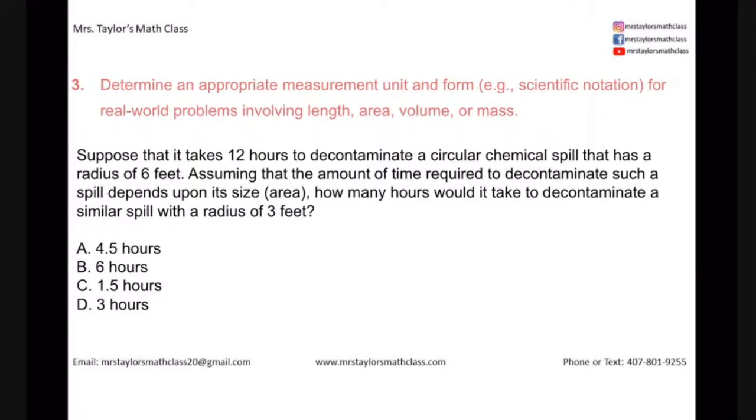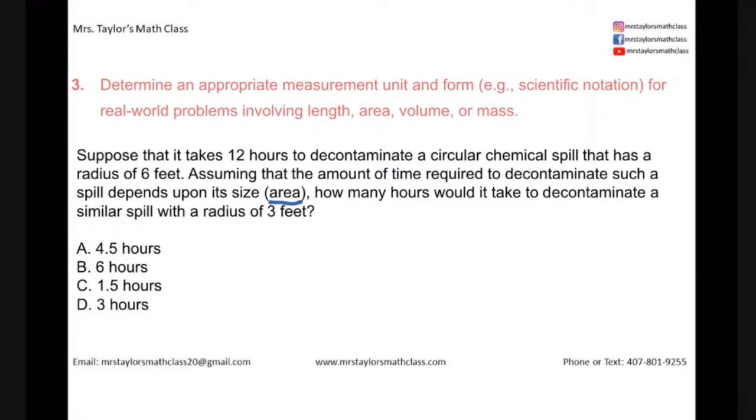Assuming that the amount of time required to decontaminate such a spill depends upon its size, area, how many hours would it take to decontaminate a similar spill with a radius of 3 feet?